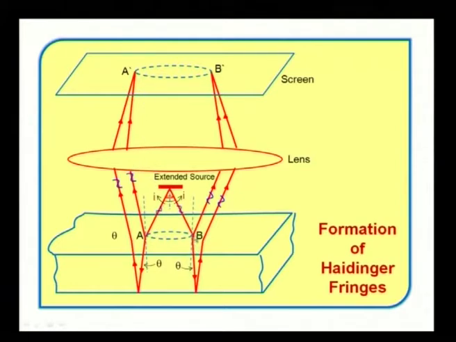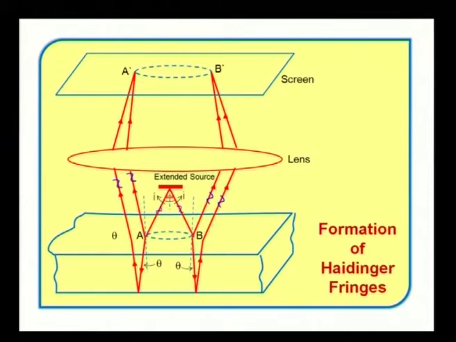The light getting reflected from the top surface, then getting reflected from the bottom surface, will give rise to the point B prime. So, A and B give rise to A prime and B prime, that you have on the screen.